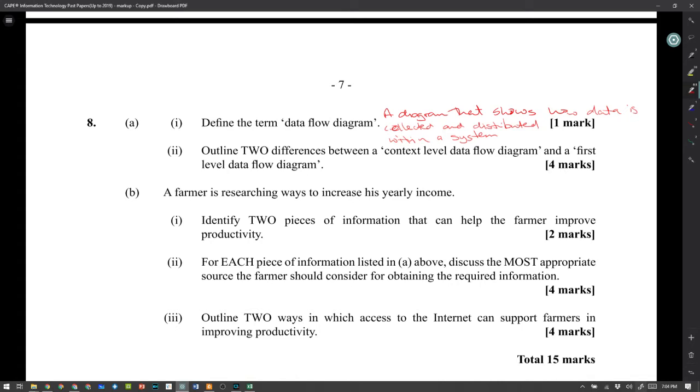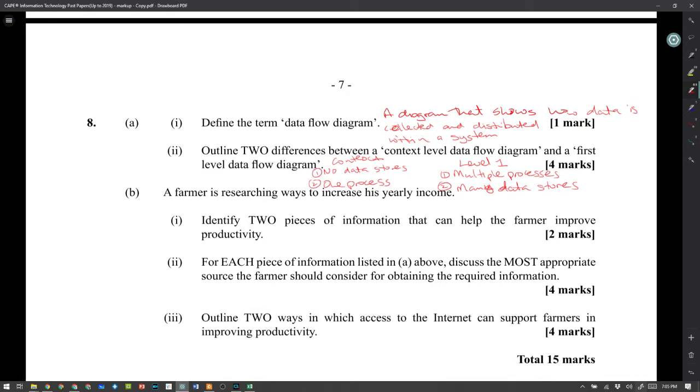Context level has no data stores and one process. Level 1 would be multiple processes, and many data stores.